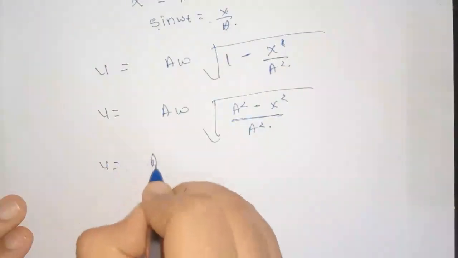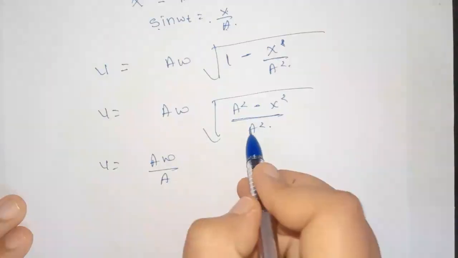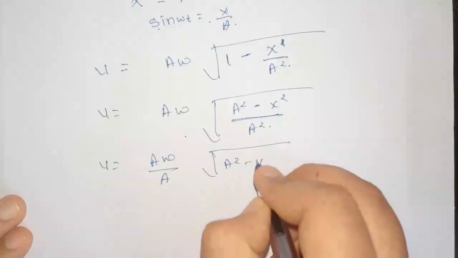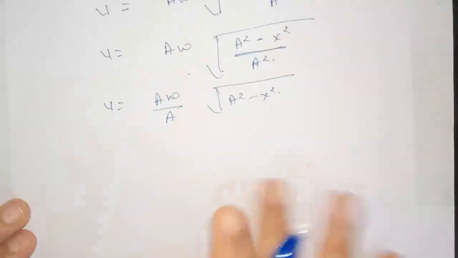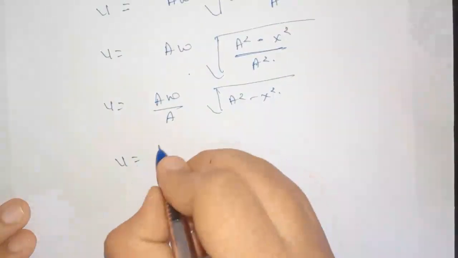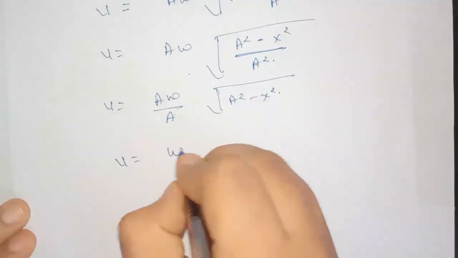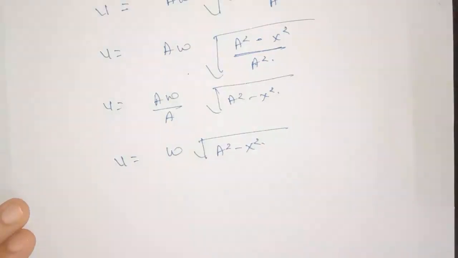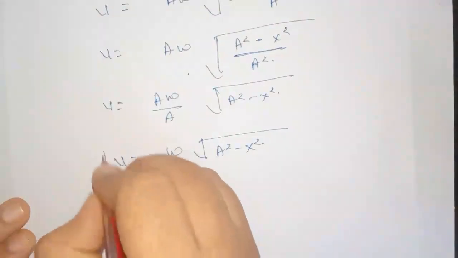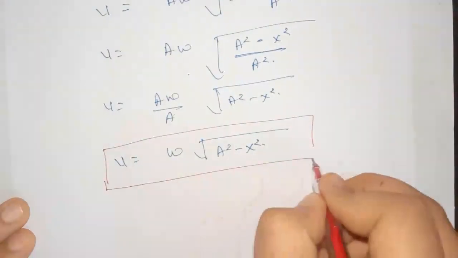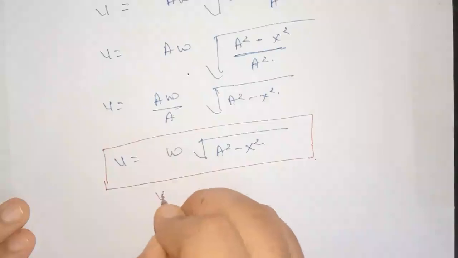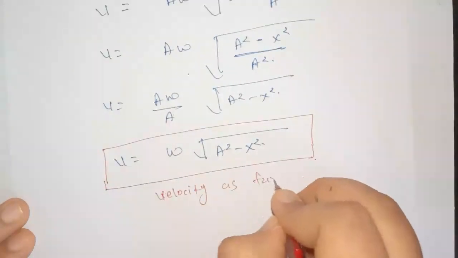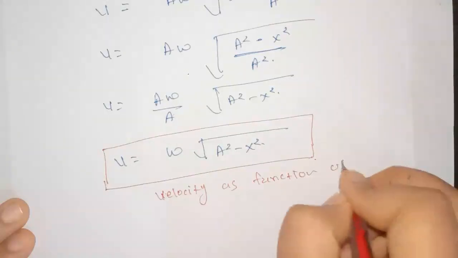So, v will be A omega divided by A, square root of A square will be A, under root A square minus x square. So, this A will get cancelled out, and v will be equal to omega under root A square minus x square. So, this is the equation of velocity as function of position.